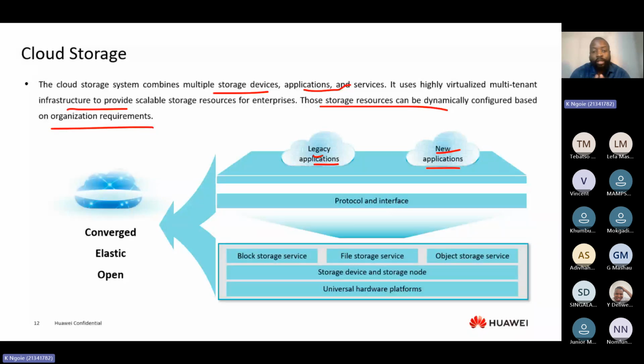And then we also mentioned accessibility, which means that the users or the application that is requiring data from the cloud can access the data anytime through the internet, or maybe if it's on a private network, it can access that.